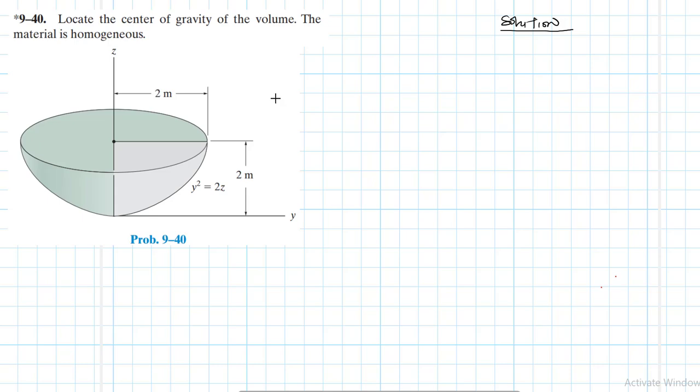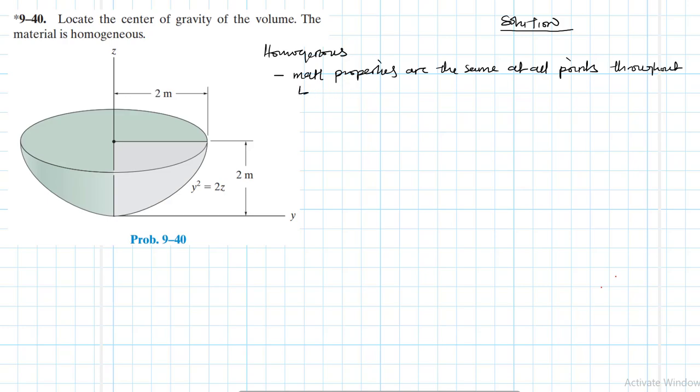So let's define what homogeneous is for a material. A material is homogeneous when the material properties are the same at all points throughout the body.